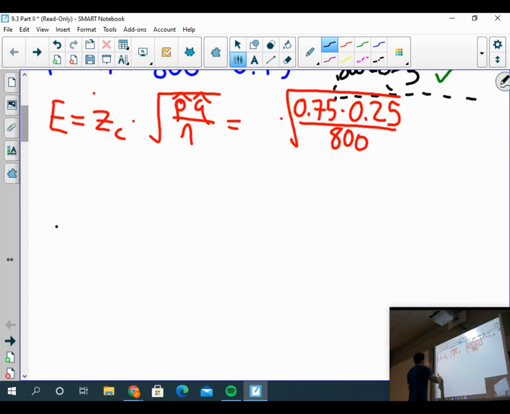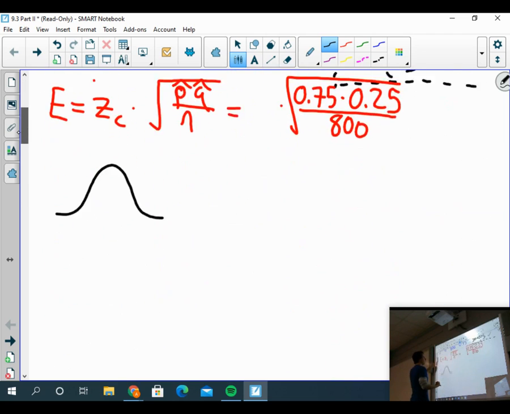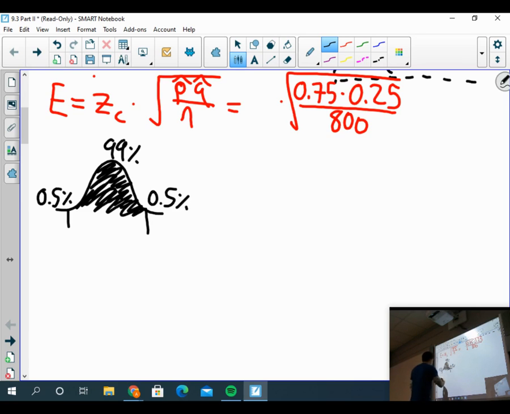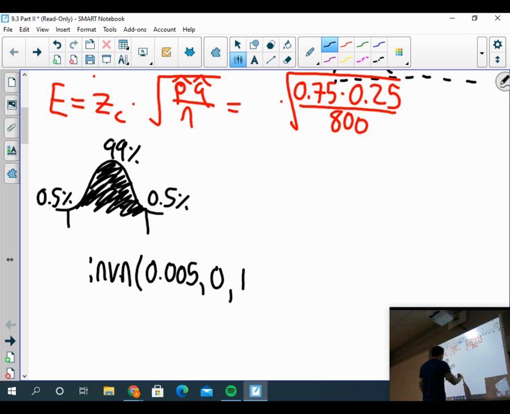Again, we've done this a lot in 9.1. I want to be 99% confident. So we're trying to find the two values on the standard normal curve such that 99% of the data lies between them. 99% is in the middle, that means 0.5% is in each tail. So when I set up my inverse norm, remember that's area left. My first boundary, on the left, will be 0.005 when I turn it to a decimal.